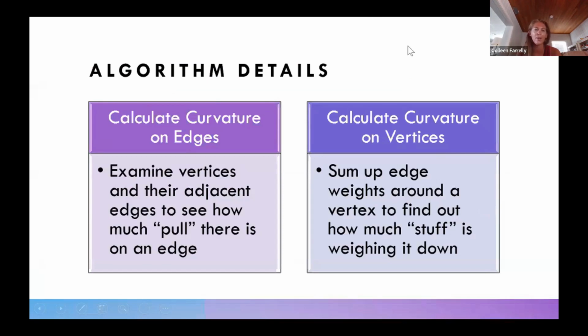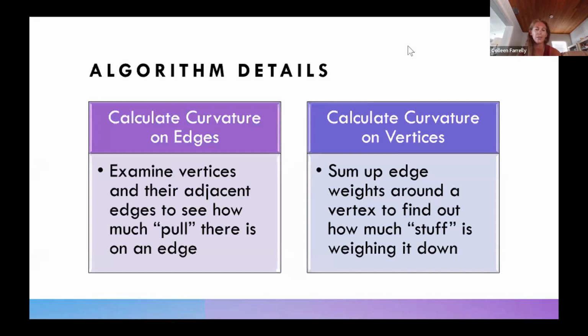So with this algorithm, we're going to calculate the curvature on the edges. So we examine each vertex and its adjacent edge to see how much stuff is kind of pulling it, how much is deforming it from what it would usually look like, or what our assumption of something that's flat would look like. We can pull it up, we can pull it down, we can squish it.